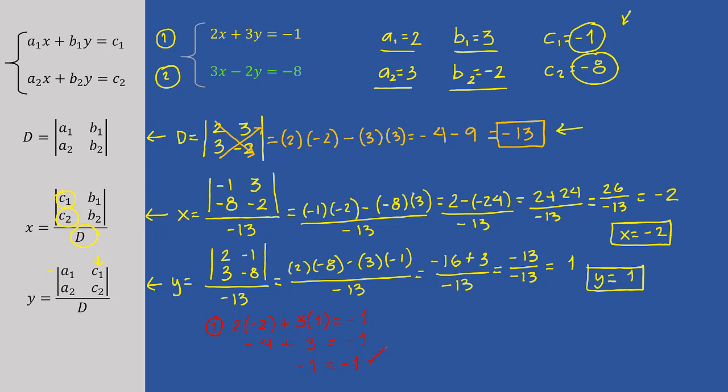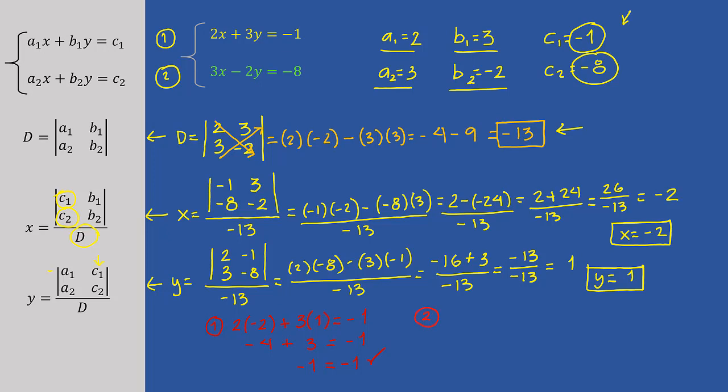We are correct. Now we check with our second equation, because sometimes it can be correct for one equation but not for the other. And since we are solving a system of equations, the answer should be correct for both equations.